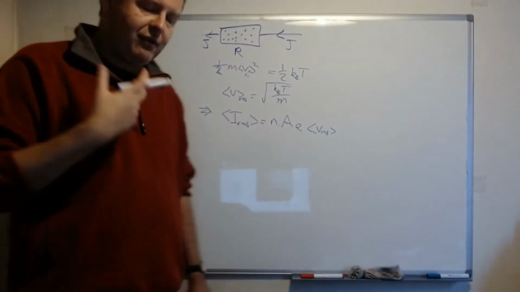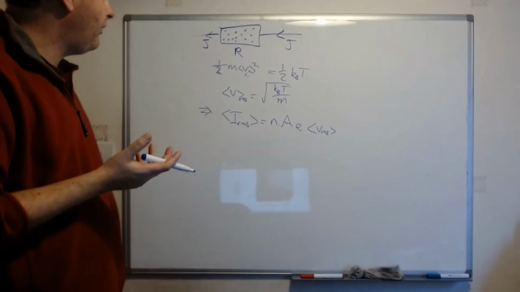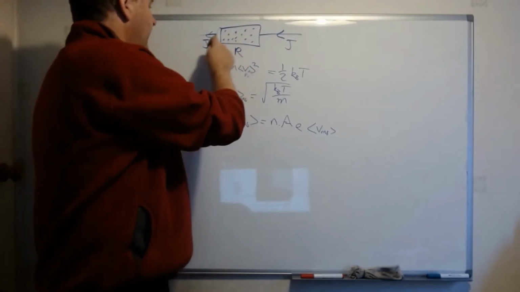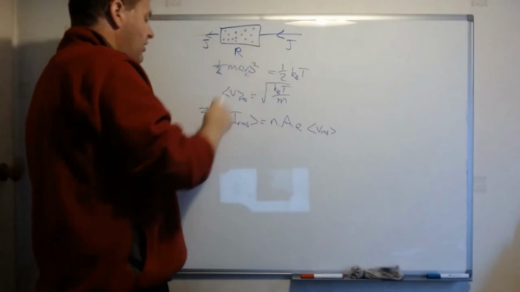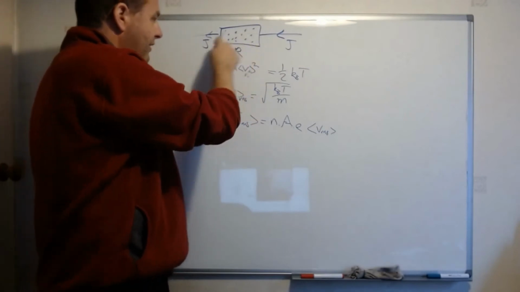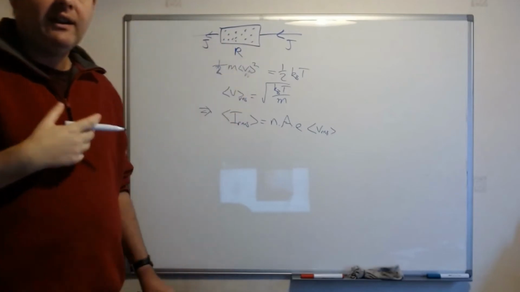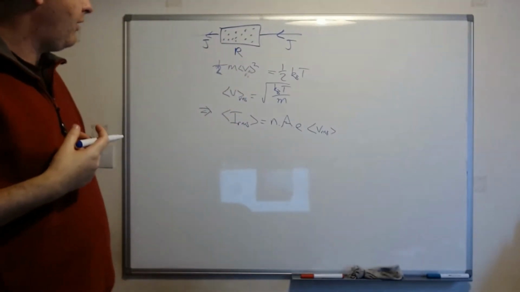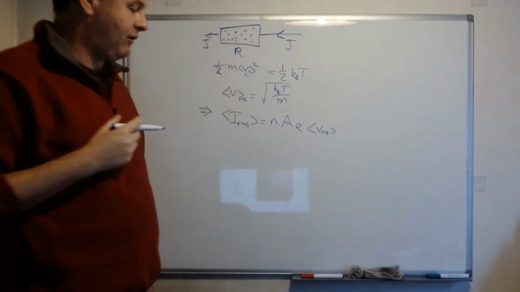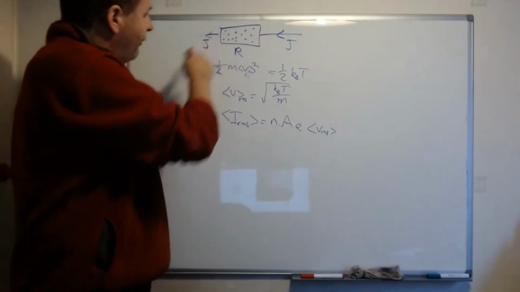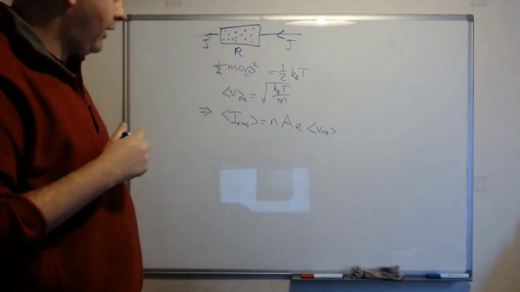Okay, so now we want to think about what's actually going on here. Of course this RMS current isn't necessarily coming external to the resistor. These electrons are all confined within this resistor, and they're oscillating backwards and forwards a little bit. And that's going to have an effect on the voltage drop we measure across this resistor. So to analyze what's going to go on there, we're going to replace the single resistor with an equivalent network.